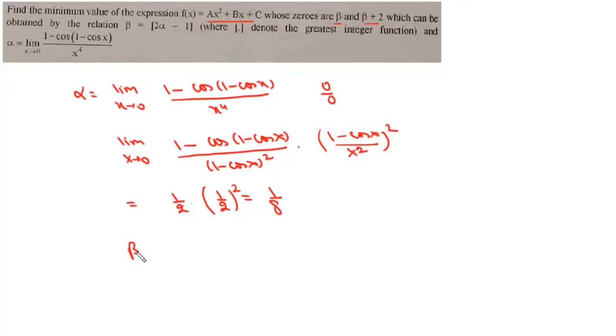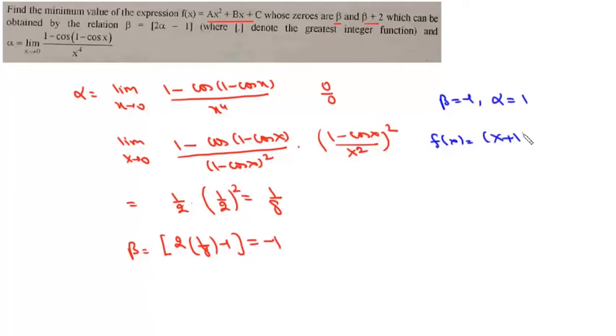Now we are given that beta is greatest integer function of 2 alpha minus 1. So the value of beta is nothing but minus 1. Now the two roots of this equation are beta and beta plus 2, which is 1. So this equation f(x) will be x plus 1 into x minus 1, which is x square minus 1.